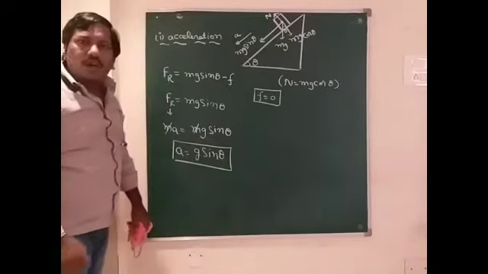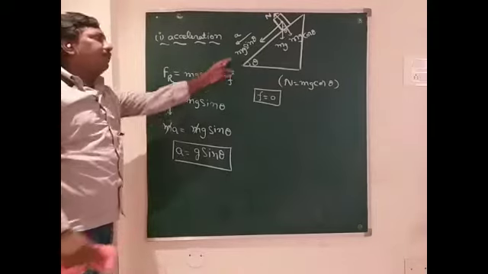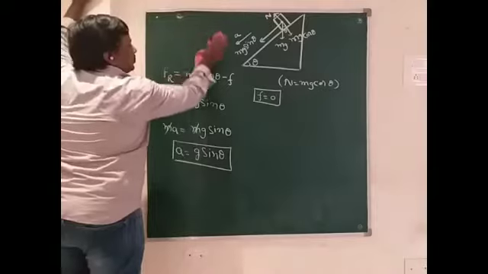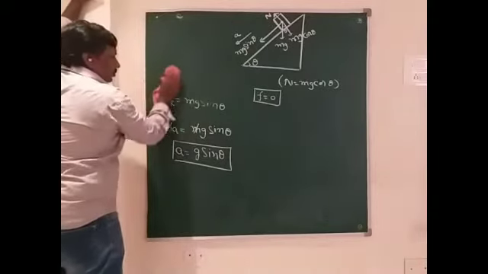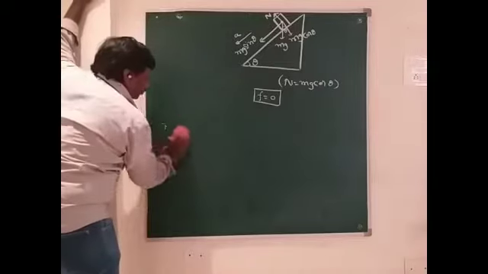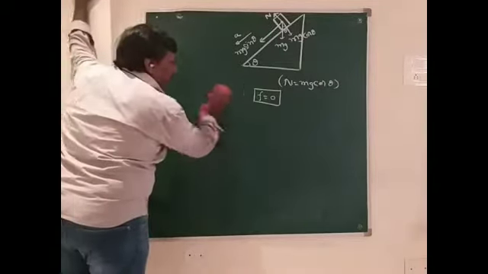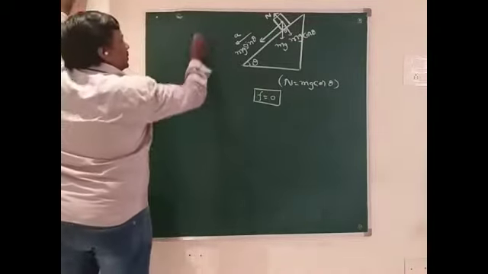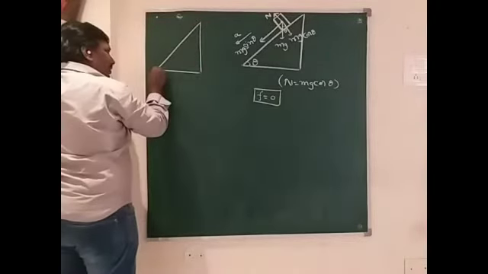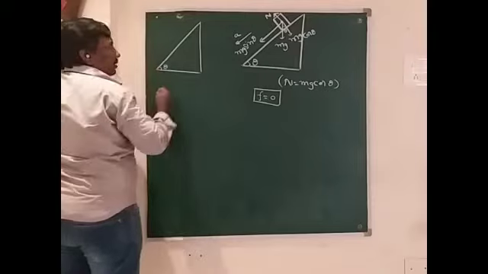Now we can find out the final velocity of the block. Here this is a similar diagram. This is the inclined plane.